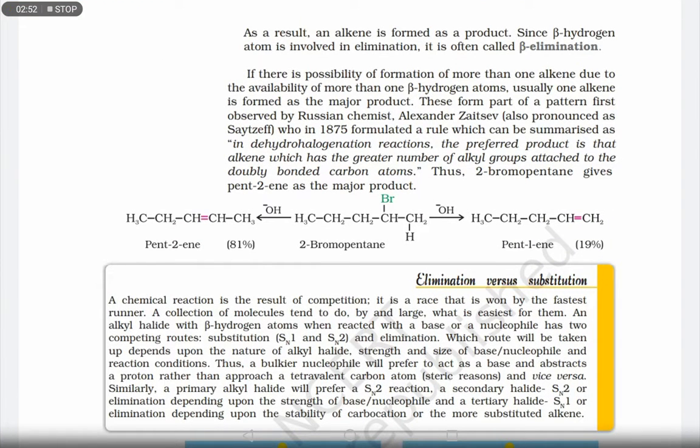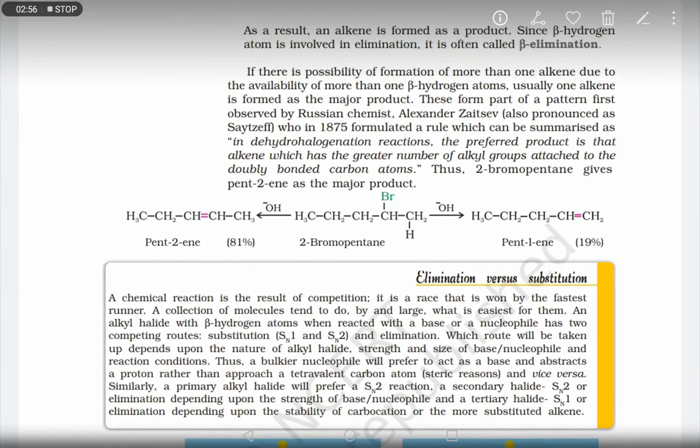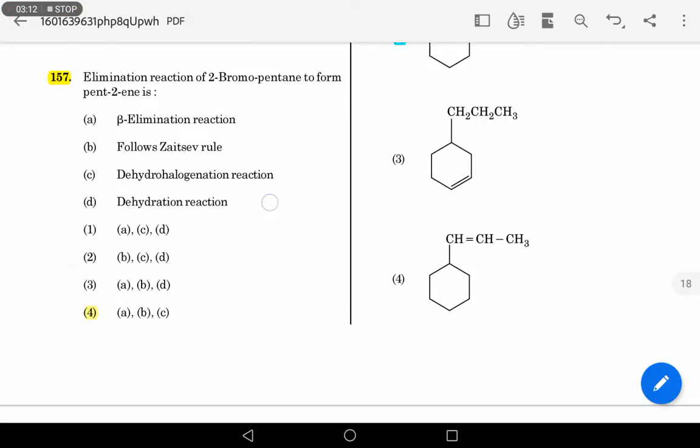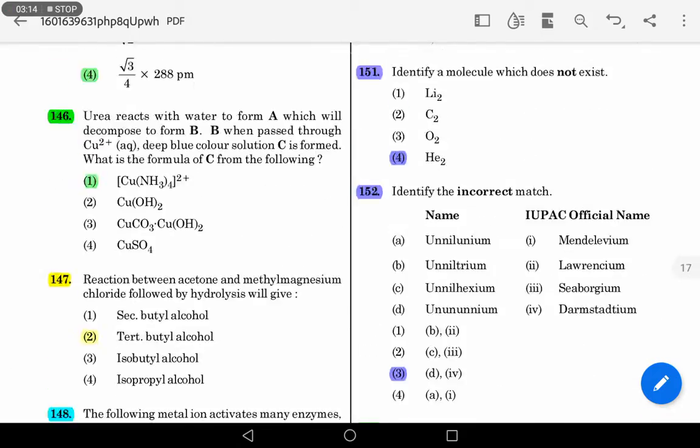It is going to be dehydrohalogenation. Hydrogen and halogen are removed, hence it is dehydrohalogenation. For a dehydration reaction, H and OH group are removed. Hydrogen and hydroxyl group have to be removed for a dehydration reaction, hence it's not D, and it's A, B, C.